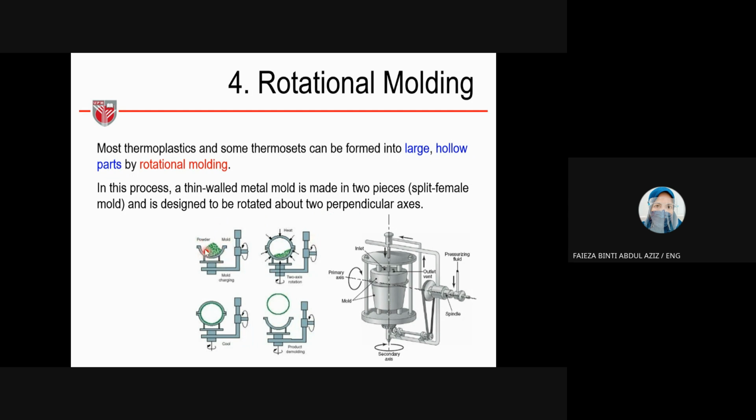So that's why we call it two pieces split female, because the same size like this, and they rotate about perpendicular axes, and then they can have this shape, and finally they can have the product like this. This is the primary axis, this is the secondary axis.